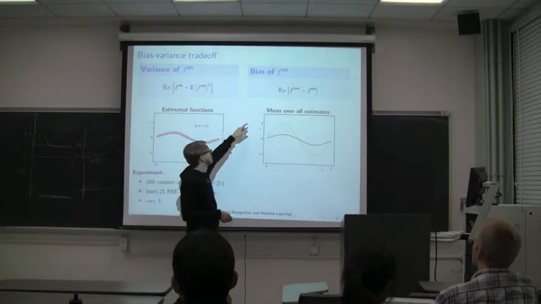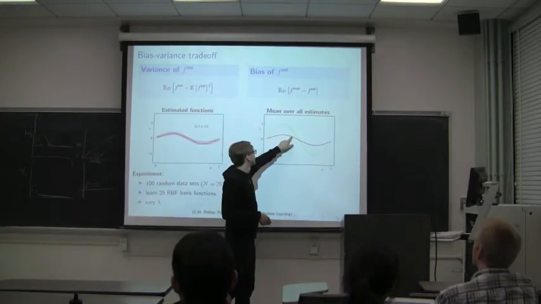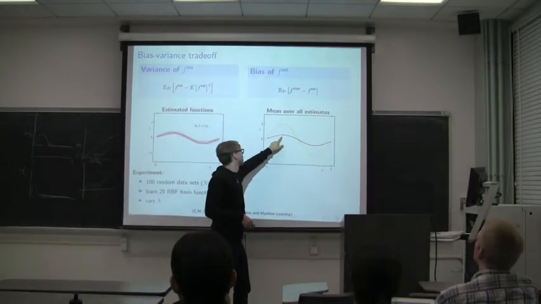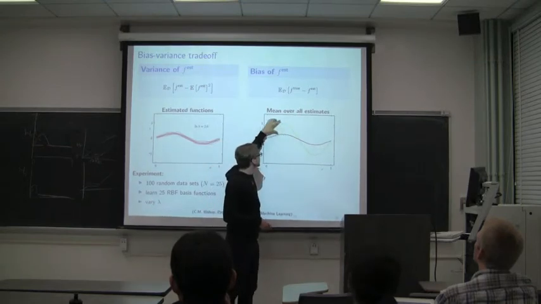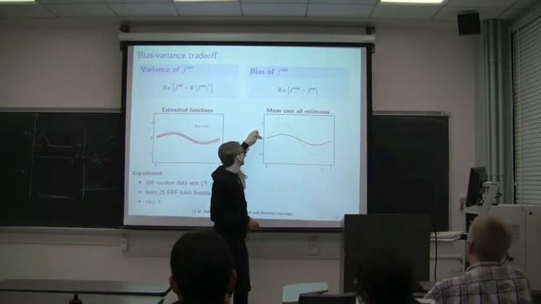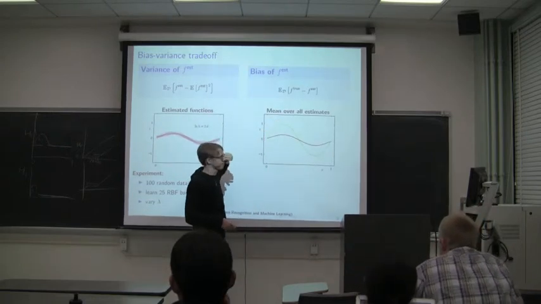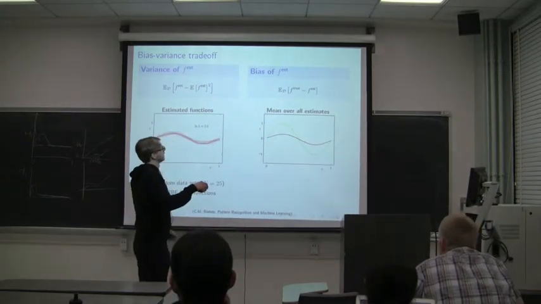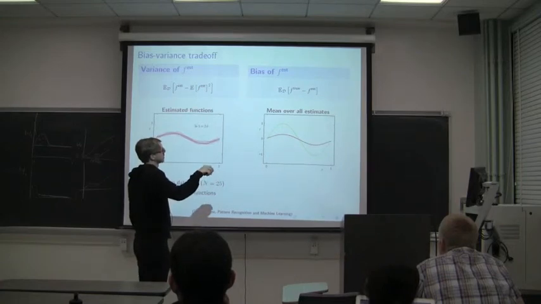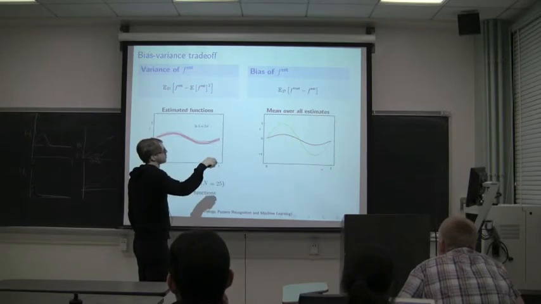So the variance in the function is pretty small. But if I look at the mean, then the mean is very close to 0, and the difference between the mean and the true function gets pretty large. What this means is that this difference between these means gives us an estimate of the bias.